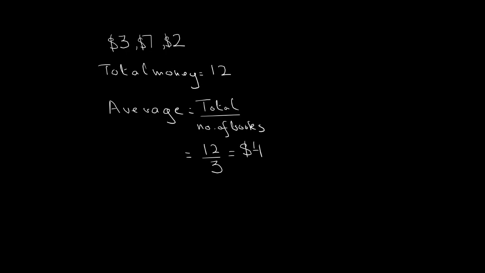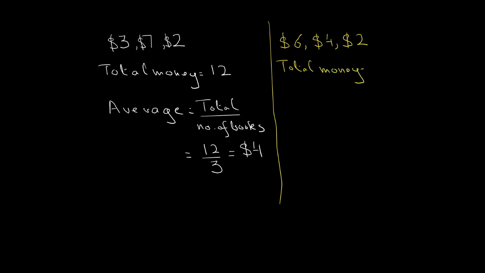We could have had a different scenario. Let's say I bought books where the first book was for $6, then I bought another book for $4, and then I bought a book for $2. But the total money, again, is still equal to $12, which means the average, which is equal to the total over the number of books, is still 12 over 3, and that's still equal to $4.